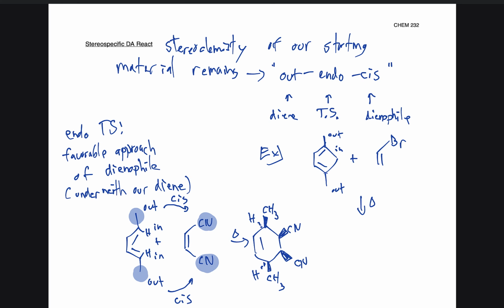And so what does our product look like? Again, we want to start simplest by drawing in this ring here, okay, with our alkene there, and our out groups, our methyl groups, are going to be on wedges, and our bromine here will also be on a wedge, and that right CH2 bridgehead, this in portion here, is now of course on our dash, so we kind of show it like this, sort of ring down below.